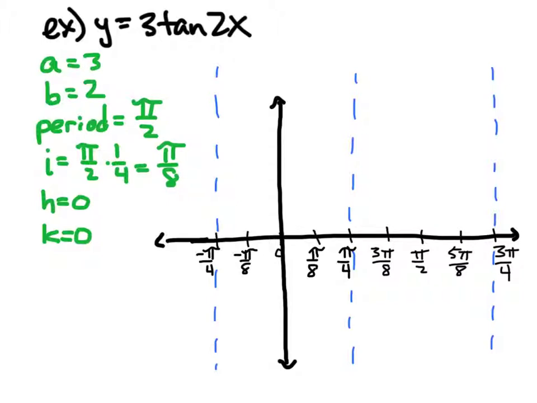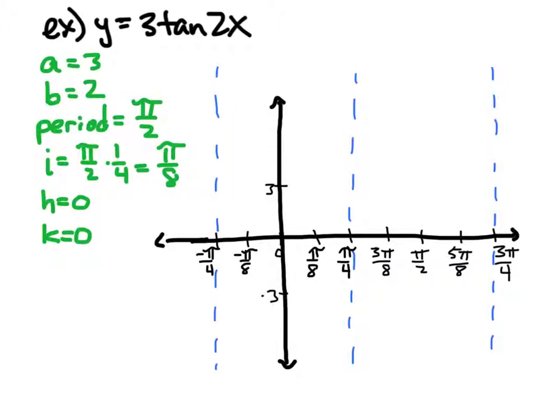Now, the a is 3. Since it wasn't shifted up or down, from 0, I'm just going to go to 3 and negative 3. So, will this graph increase or decrease throughout these points? Increase. So it's going to rise through.